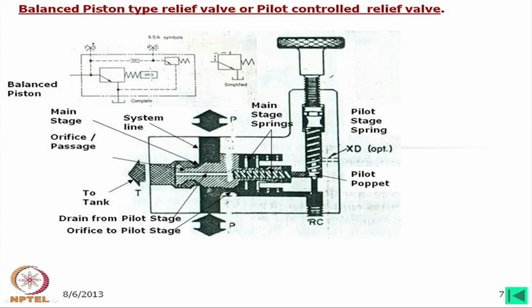Definitely by controlling this size and others, we can have valves of different flow rates. This means that if the flow rate is very small, a small area of this orifice will be suitable, and for large flow you will find this area is larger, whereas this portion remains more or less the same, except the spring strength will be different.